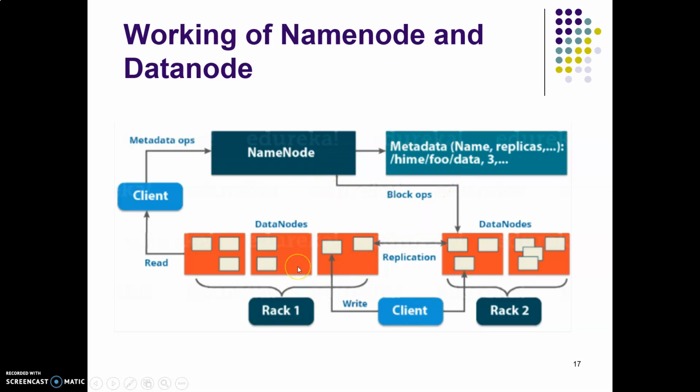So this is how the name node and data node work together. While writing the block, there is a single writer, as we have seen before. The single writer writes to the nodes, and the name node writes the metadata for that particular block.